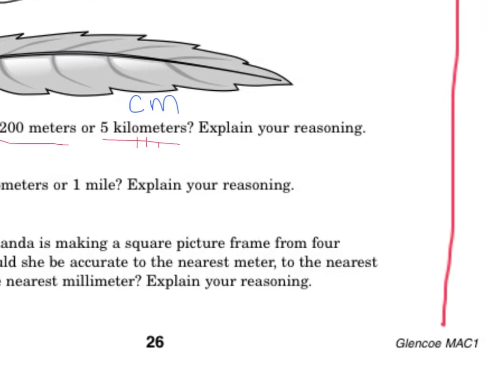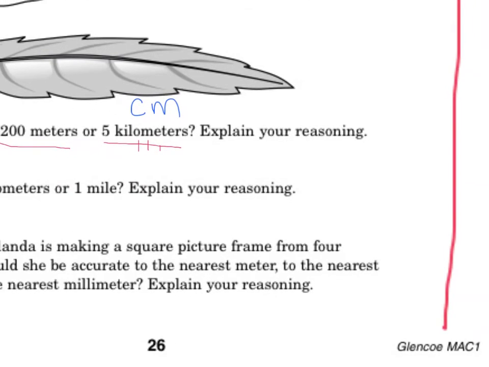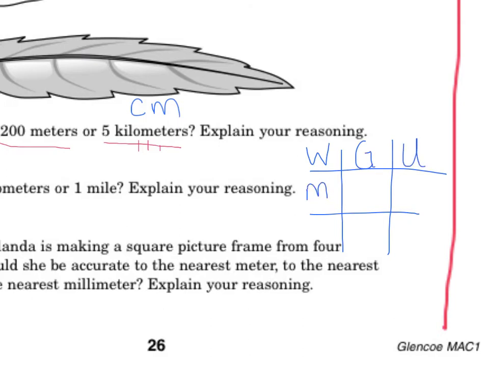So set up your WGU table, and we're talking about meters and kilometers. 1 kilometer is equal to 1,000 meters. So 5 kilometers, remember I said I was going to change 5 kilometers. What's 5 times 1,000?